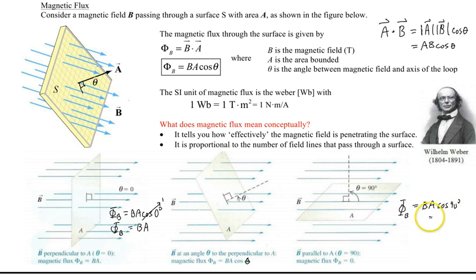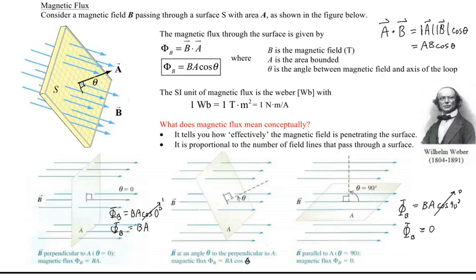And the cosine of 90 degrees is 0. So the magnetic flux in this case will be 0. There'll be no flux. It'll be a minimum. Notice that the field lines are not penetrating this surface whatsoever. Hence, since they're not able to penetrate the surface because they're running parallel, there will be no magnetic flux.